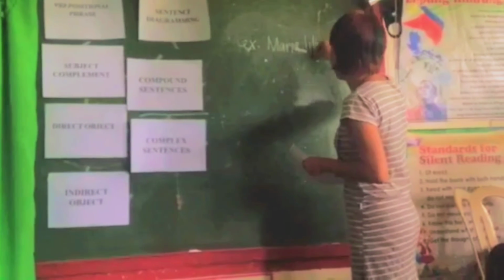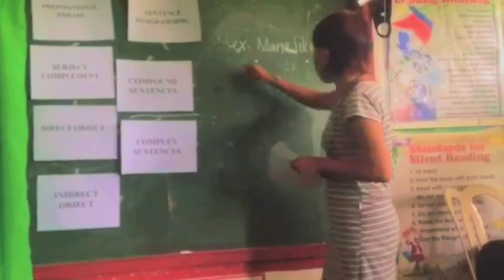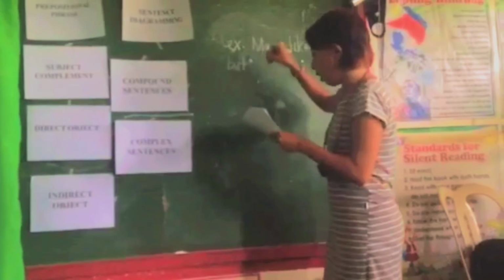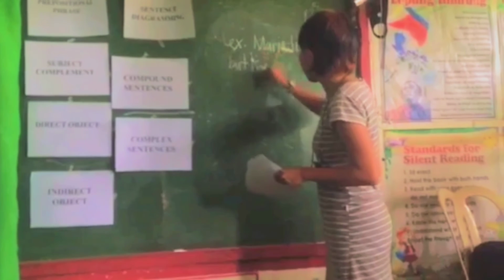Now let us tackle the compound sentences. For example, Maria likes singing, but Kyla likes dancing.